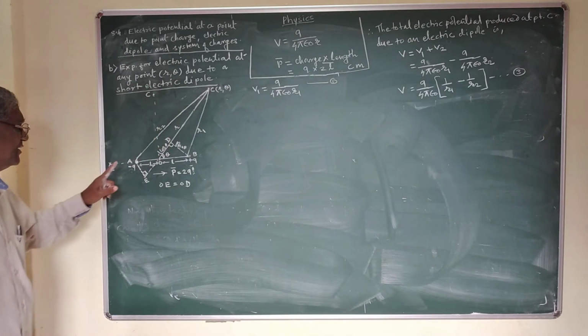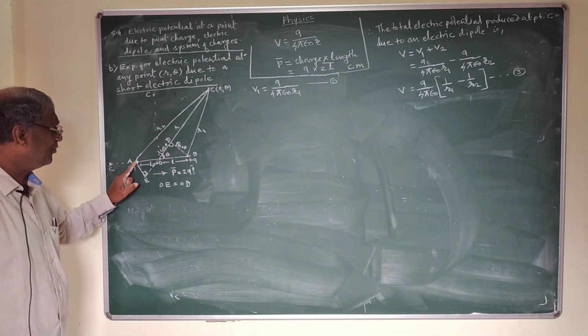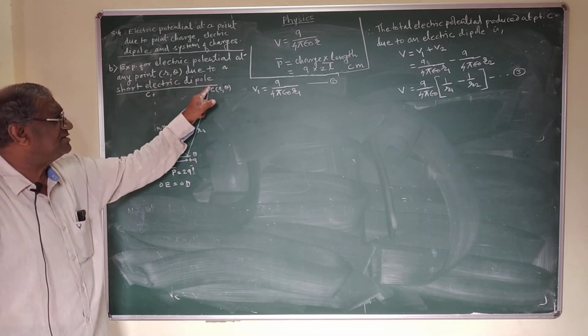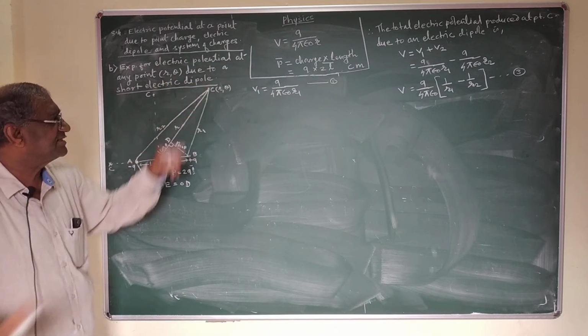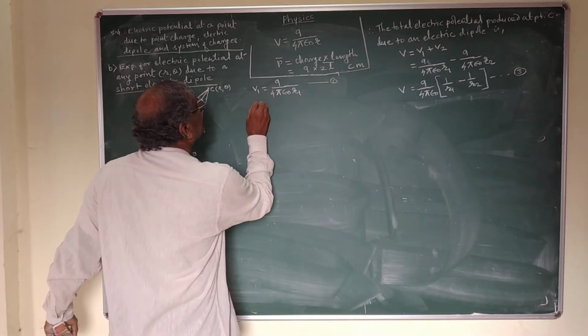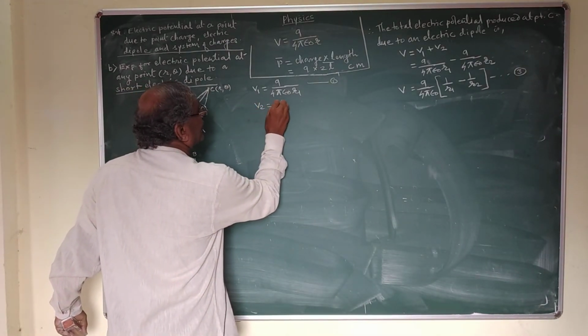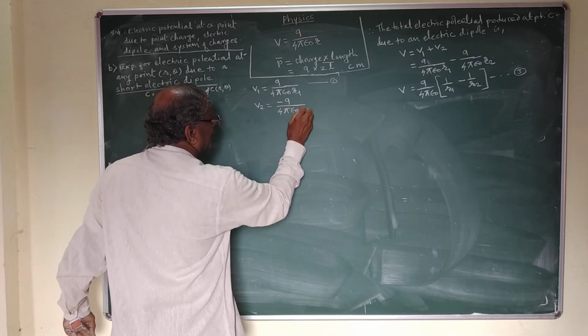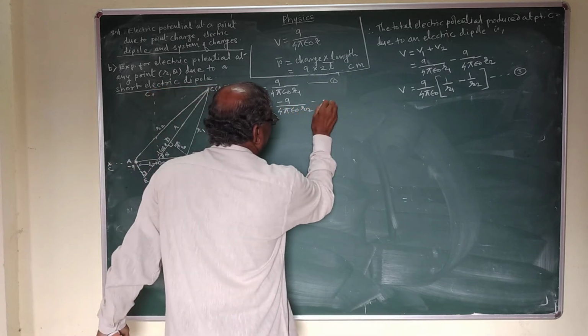Similarly, this minus Q charge at point A produces negative electric potential at point C, given by V2 is equal to minus Q upon 4 pi epsilon 0 into R2, equation number 2.